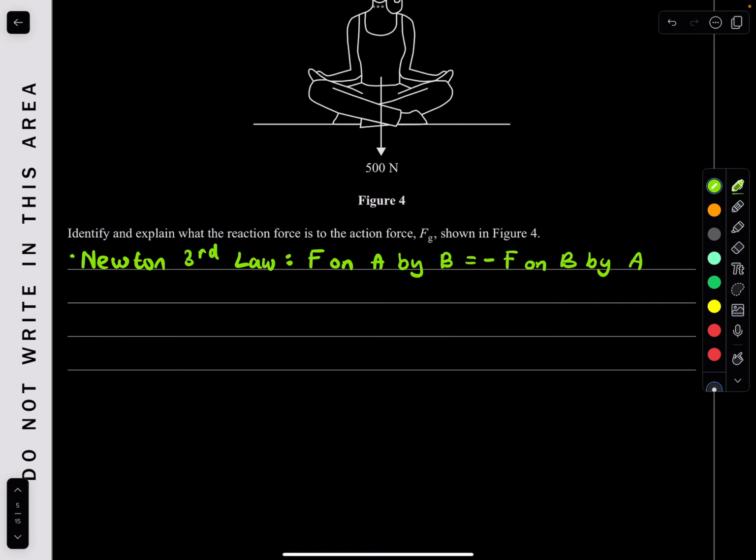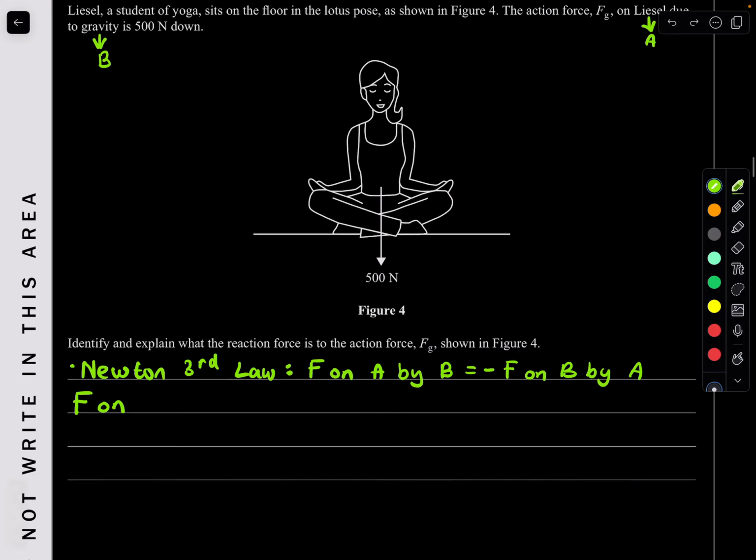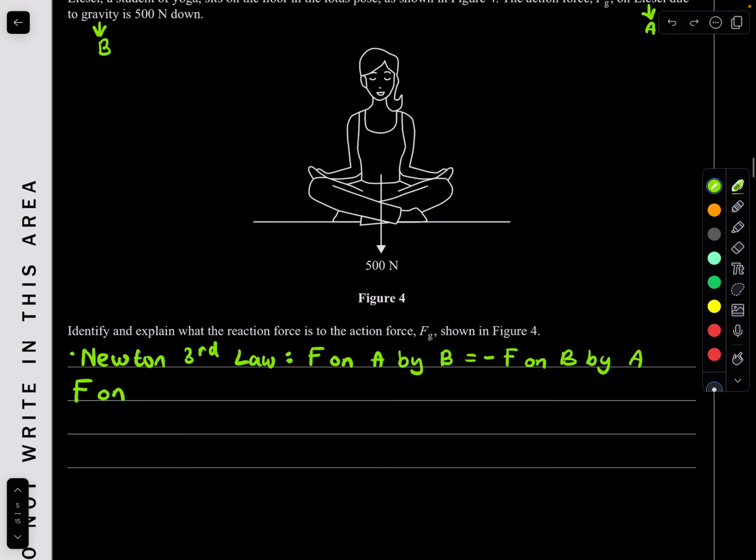Applying this formula to identify and explain the reaction force to the action force, we can write this formula. Force on A, which in this case is Liesl, by gravity, which remember is our action force, acts downwards.